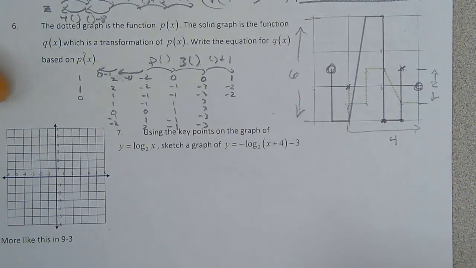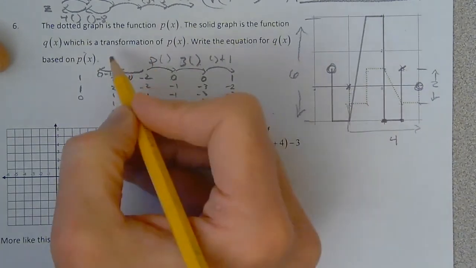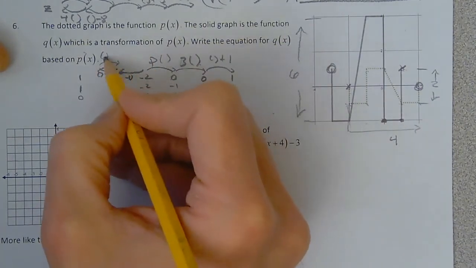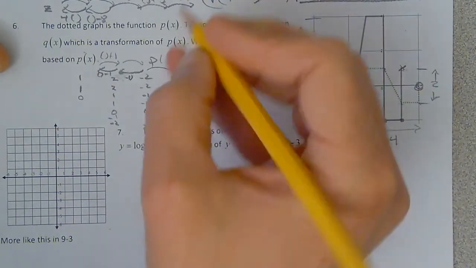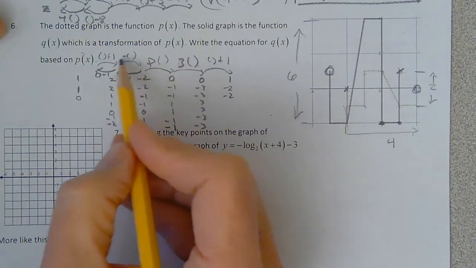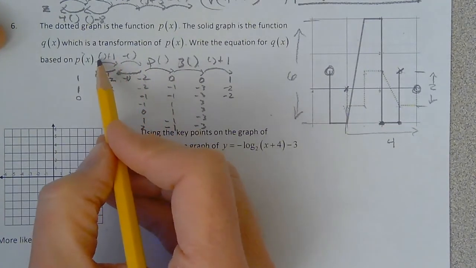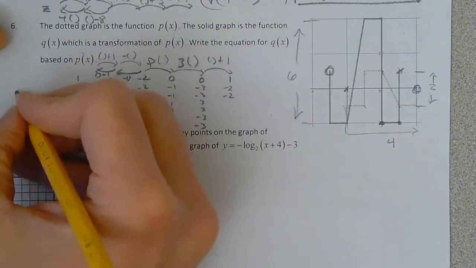So I think we've got it here now as the equation. So this would be a plus 1 coming back that way, and a sign change. So I'm going to have x plus 1, change the sign on it, put it inside of p.